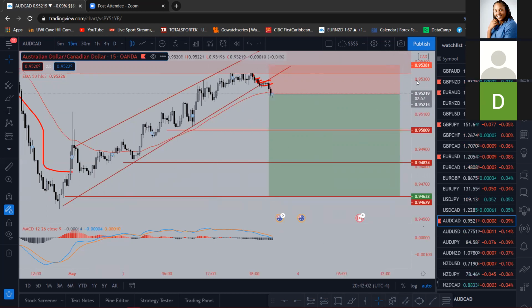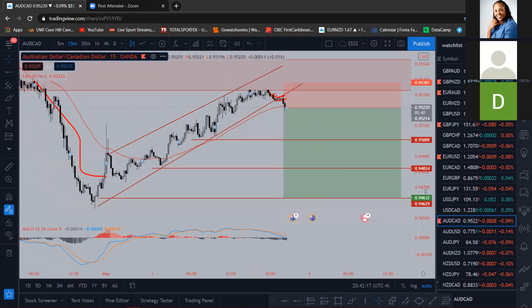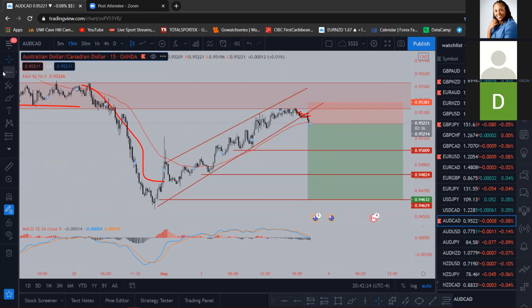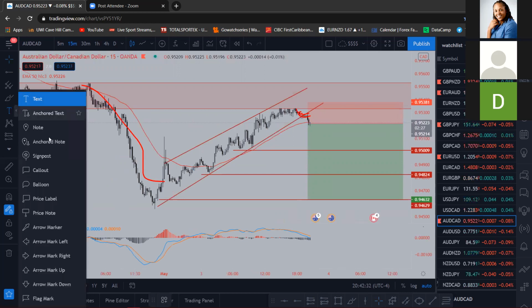Stop loss 0.95381. TP1 0.95009. TP2 0.94824. And TP3 0.94629. Okay.